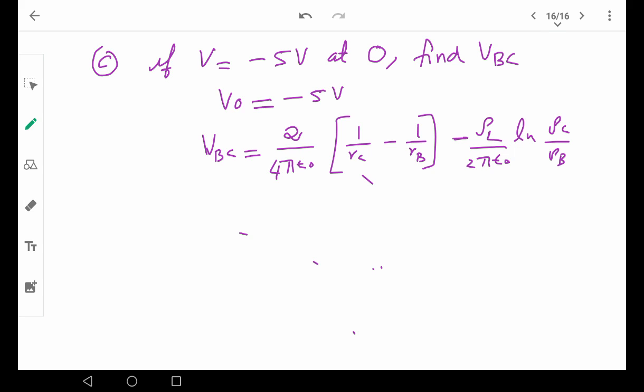Find out RC, RB, rho C, rho B, and all other values are given. So you can find the answer as minus 50.175 volt. That's the answer you will get for that particular problem, right?